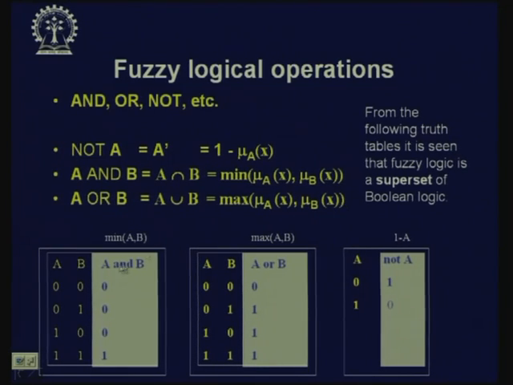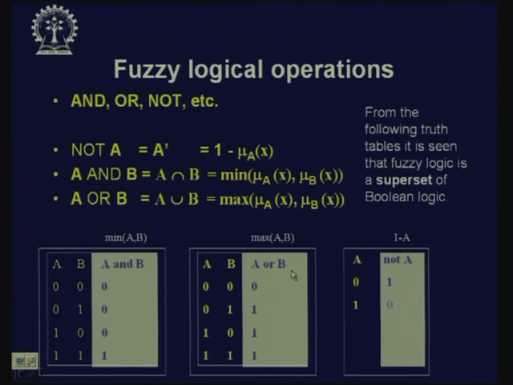All right. Now, if I just take a crisp set, where A and B can have only values 0 and 1, this is the truth table. If I apply min(A, B) for AND, 1 and 1 is 1 and everything else is 0. This is the truth table for conventional A AND B. Min of 0 and 1 will be 0, min of 1 and 0 will be 0, min of 1 and 1 will be 1.